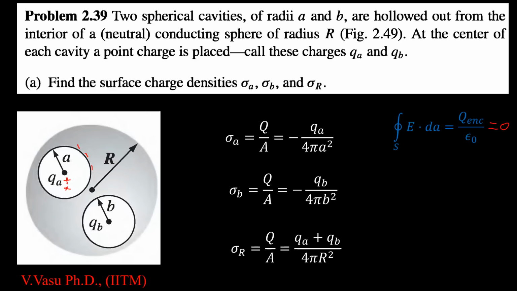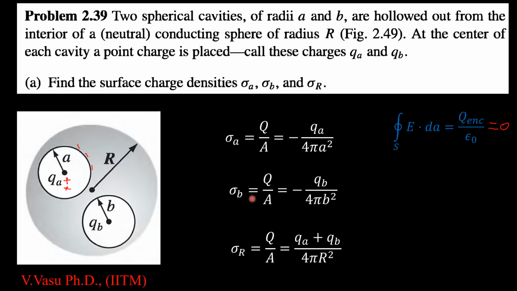By Gauss's law, the integral of E dot da is equal to Q enclosed over epsilon naught. Since the field is 0, the enclosed charge is 0. That happens only if there are equal and opposite charges. So this is minus Qa over 4 pi a squared.